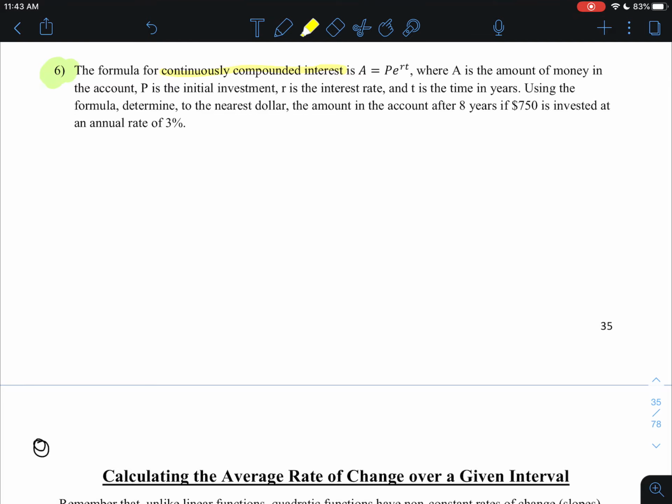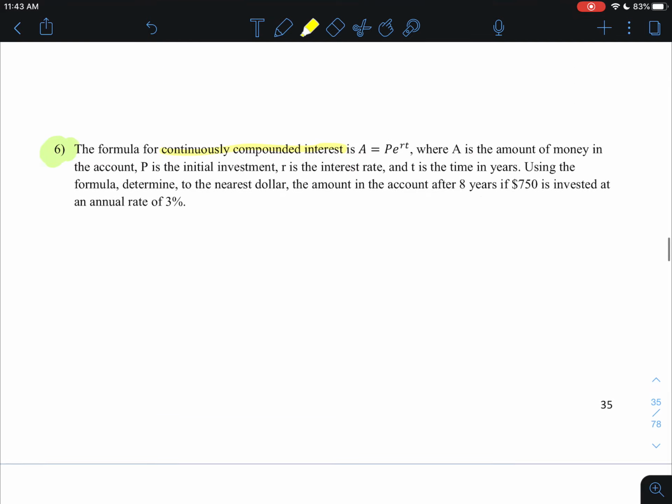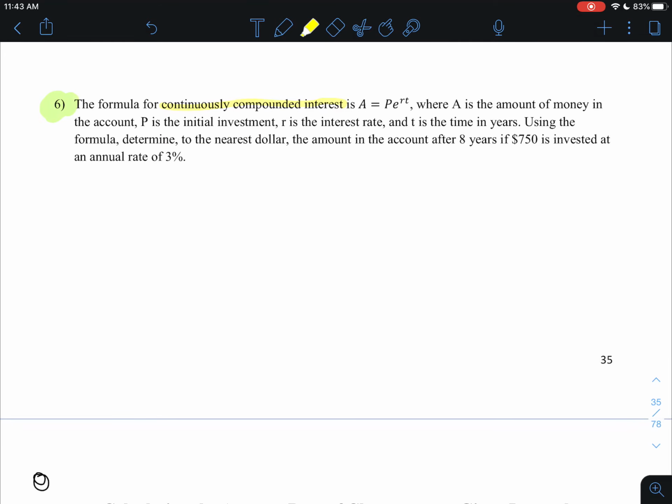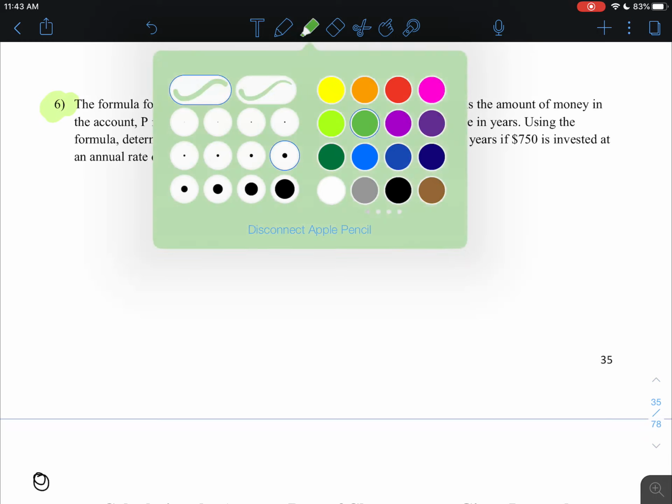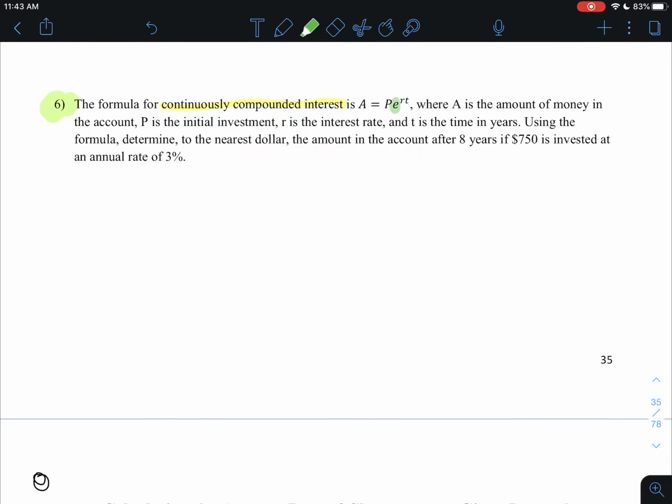So the formula is slightly different. A is equal to P times E to the RT. So this E is not a variable. E is actually an irrational number that is about equal to, what is it off the top of my head?